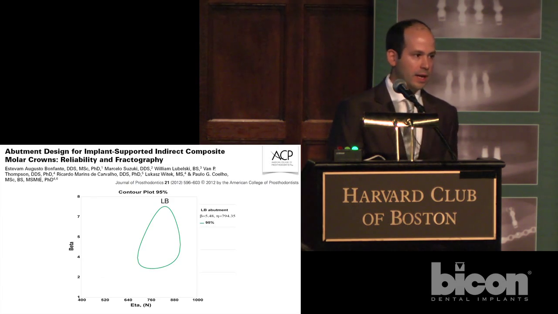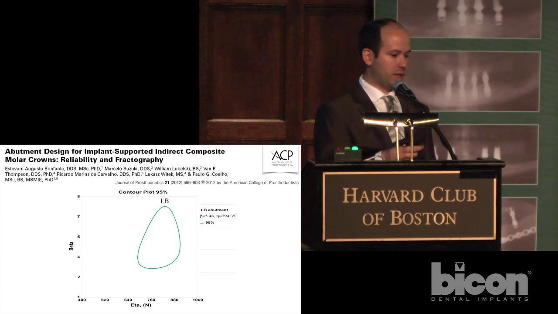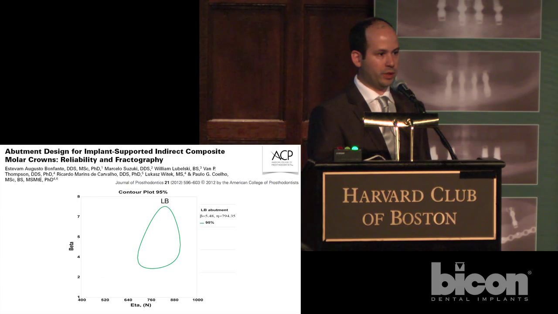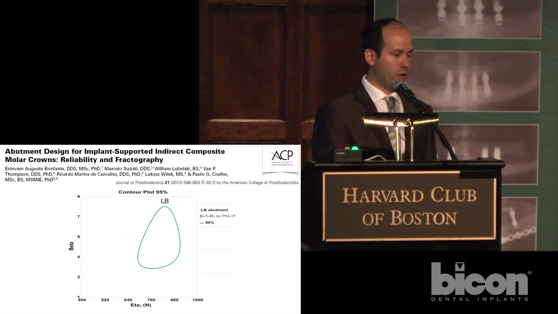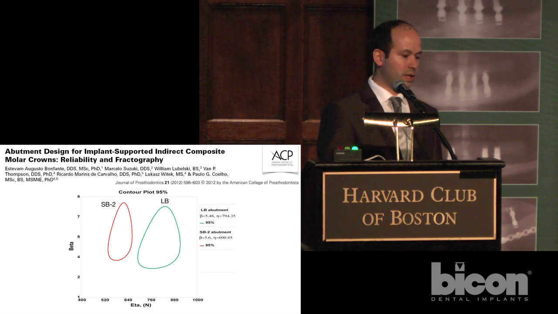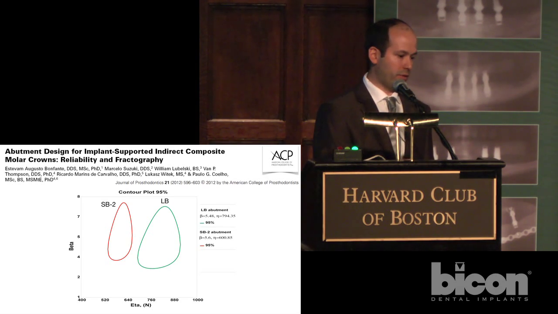Our findings were that with a large base, its fatigue strength is close to 800 newtons, nothing new to what we have seen before. Compared to the small base with that tiny little post for composite retention, there is a significant decrease in strength, but still, we're in the 600 newton average.